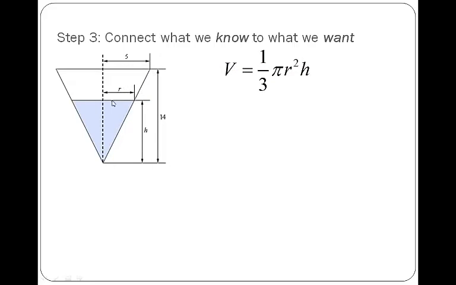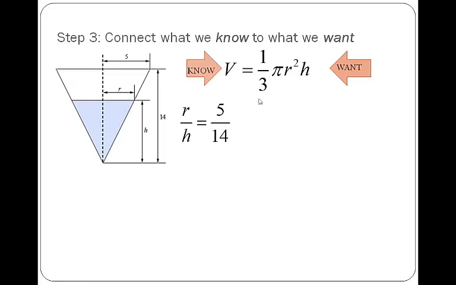It's referring to the radius of the surface of the water. And this h is referring to the level of the water. Okay, now I know the change in volume, and I want to find the change in height. So if I could somehow figure out a way to get rid of this r and just get V in terms of h, what I know in terms of what I want, I will be in a very good position.